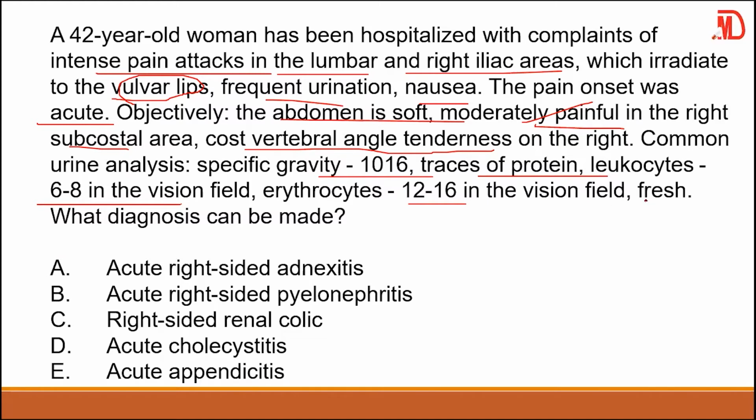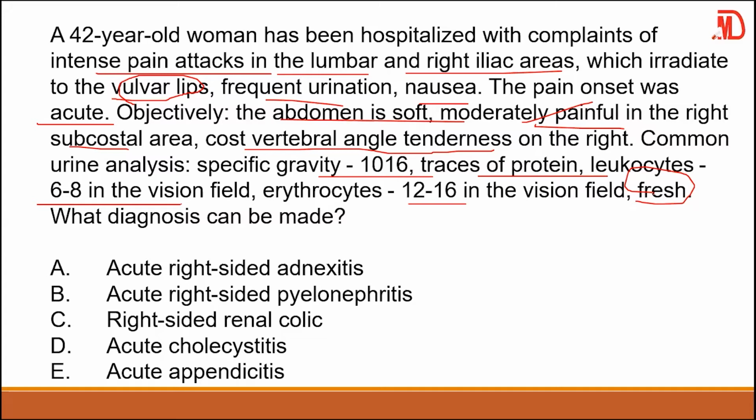The thing that it is what? Fresh. That means it's bright red, isn't it? Fresh blood is seen. And the only thing that can happen for us to have this kind of thing is when a stone is scratching inside the urinary bladder. Because I mentioned that you could have been thinking of pyelonephritis as your differential and things like that, isn't it?